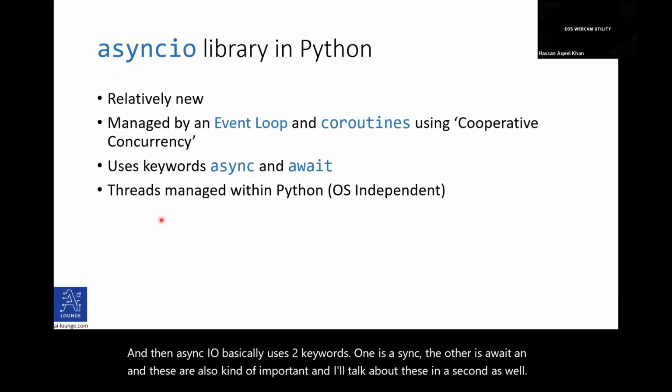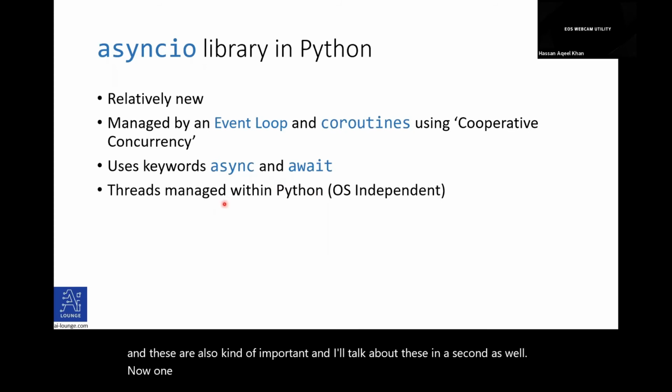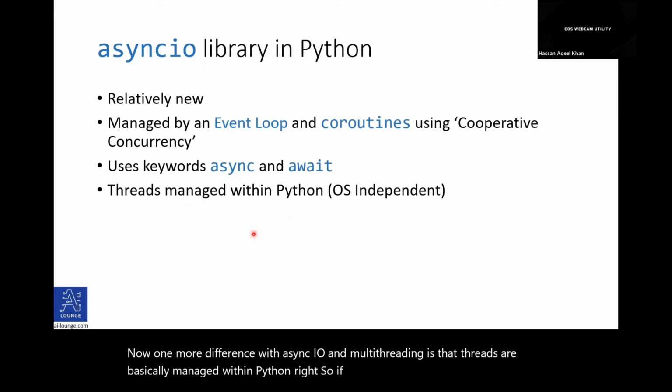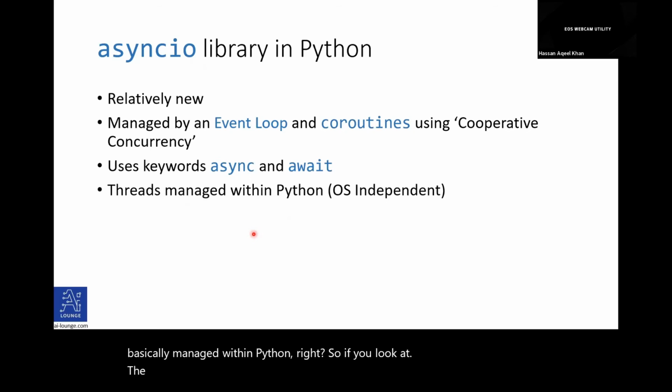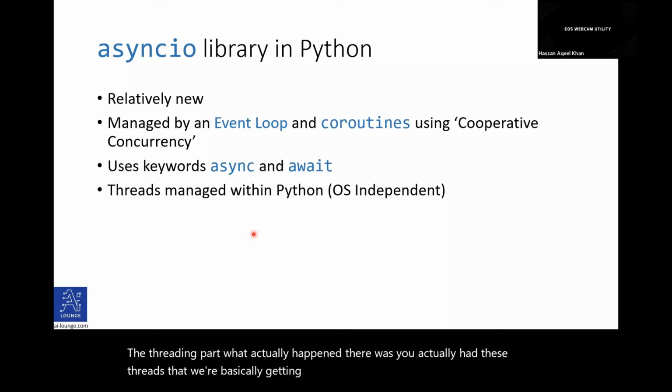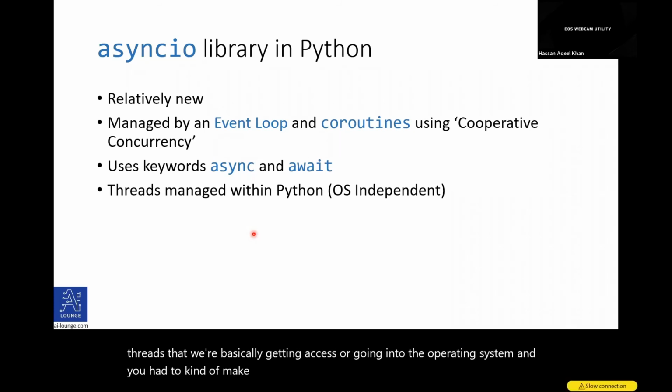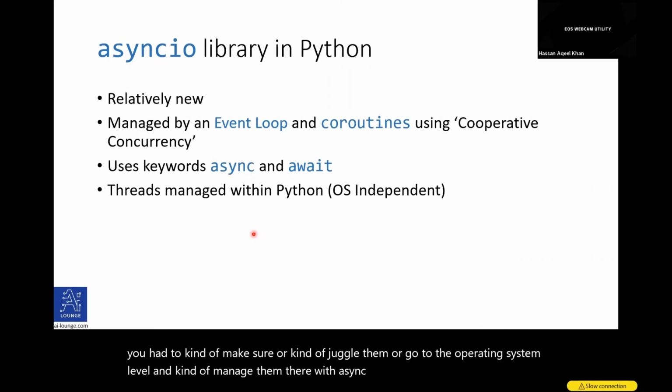Now, one more difference between async IO and multi-threading is that threads are managed within Python. If you look at the threading part, you had these threads getting access to the operating system, and you had to juggle them or go to the operating system level and manage them there. With async IO, all your threads are managed within Python.